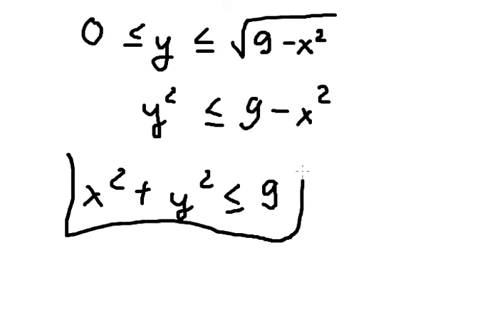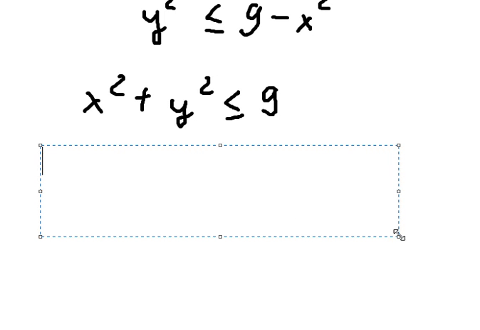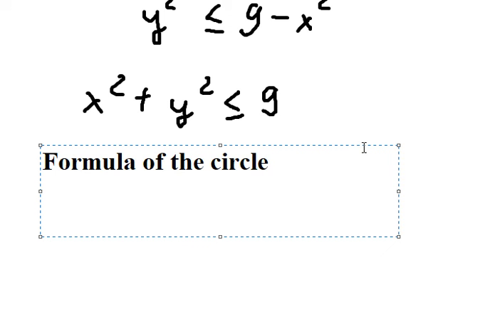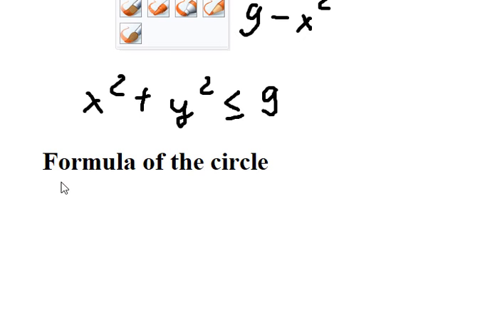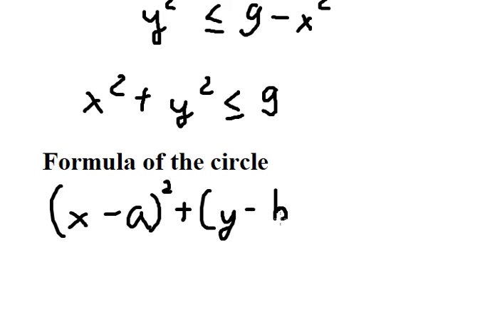If we look carefully at this one, we have the formula of a circle. That is x minus a to the power of 2 plus y minus b to the power of 2 equals capital R squared.